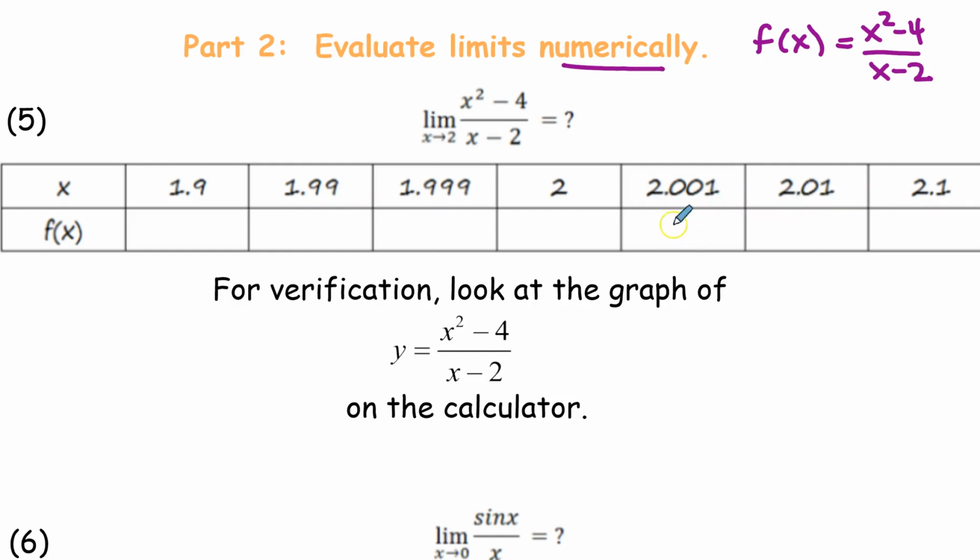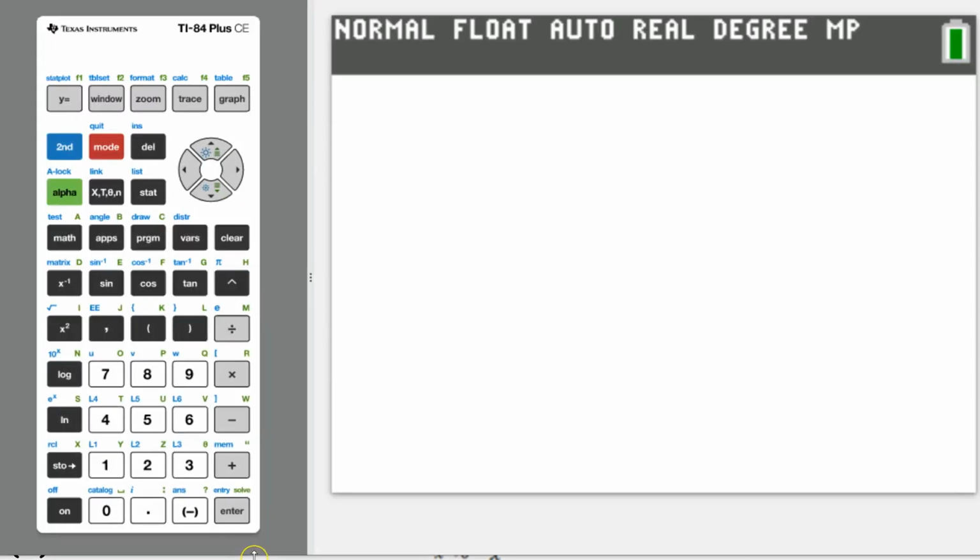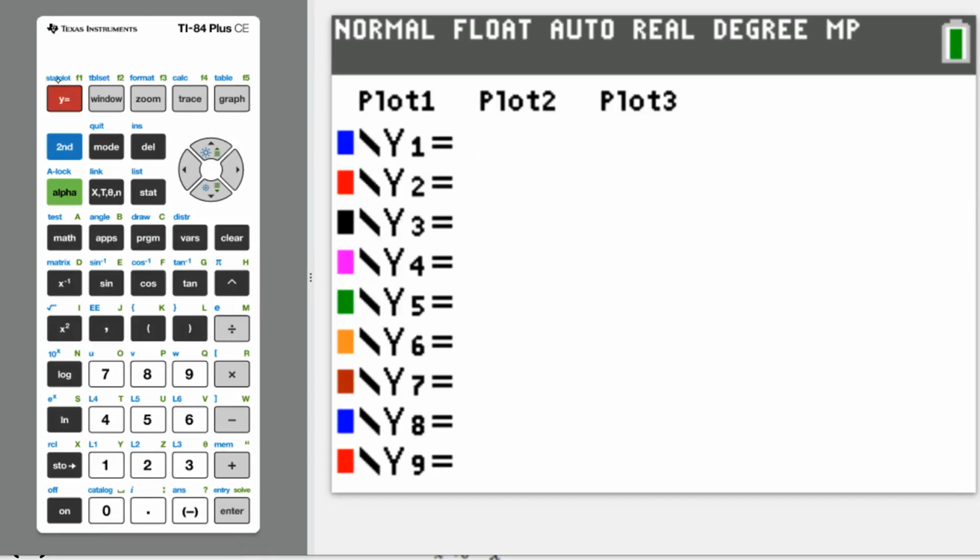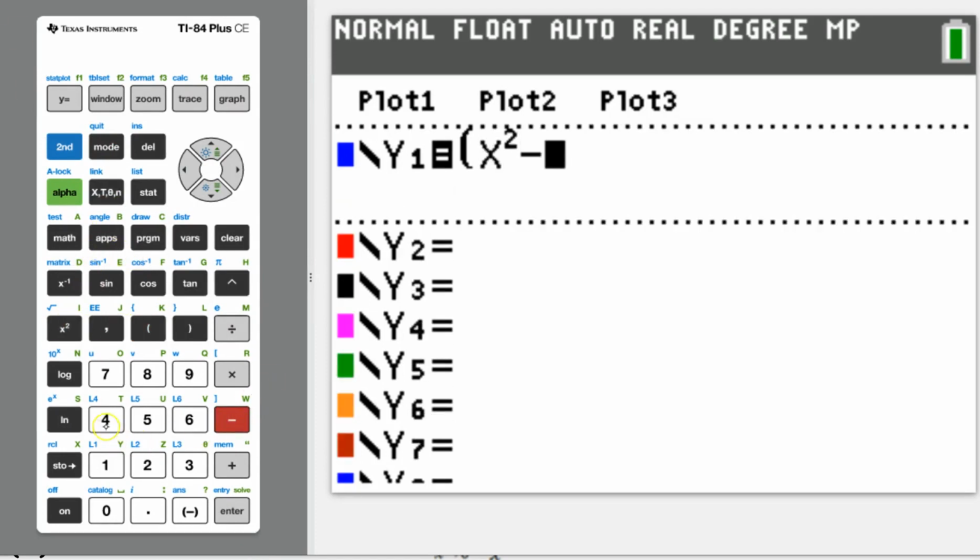What I'm going to do is put this in my calculator and evaluate these values. And we'll see what they're getting close to. So, you go to your calculator, you go to y equals, I'm going to put parentheses around my numerator, so we had x squared minus 4 divided by, and then parentheses around my denominator, x minus 2.